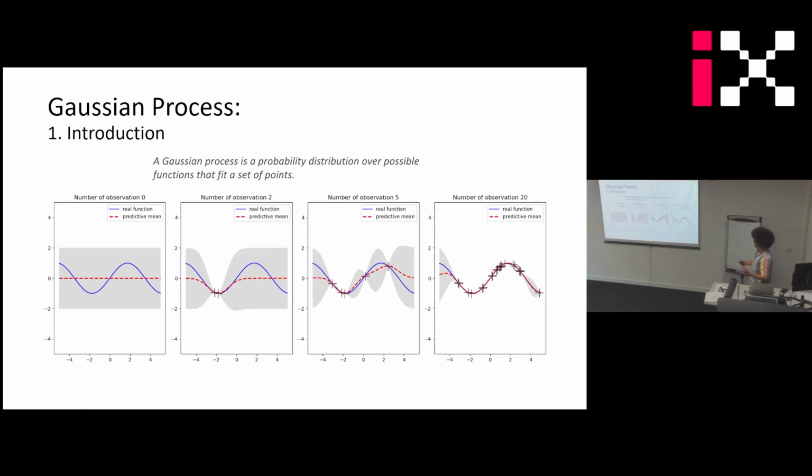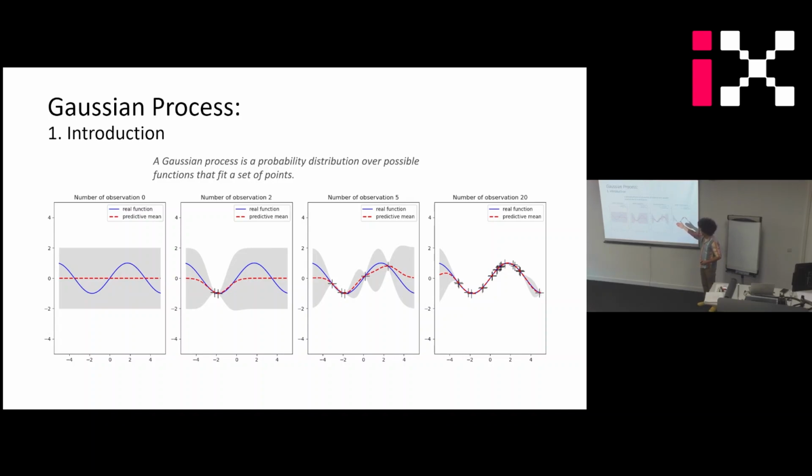Here we defined it in that way, and then once we have any observations, that's going to start limiting the possible functions that we have, and the more points we get, the closer we get to the real function.